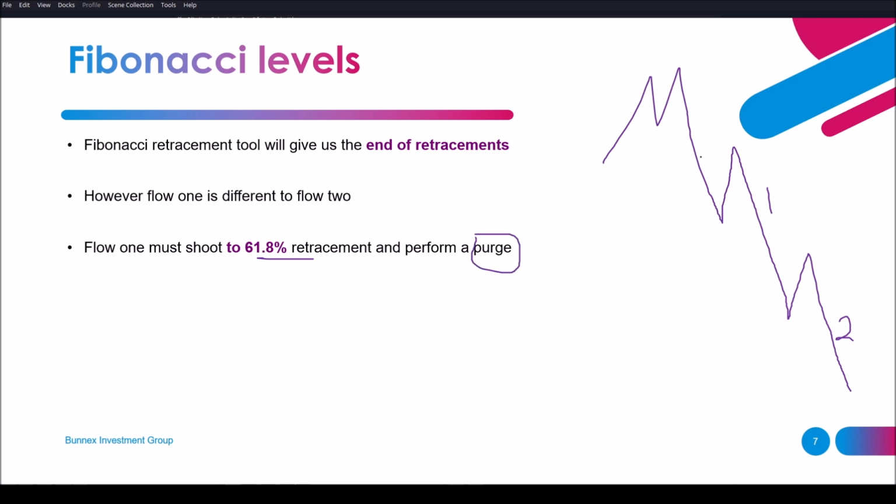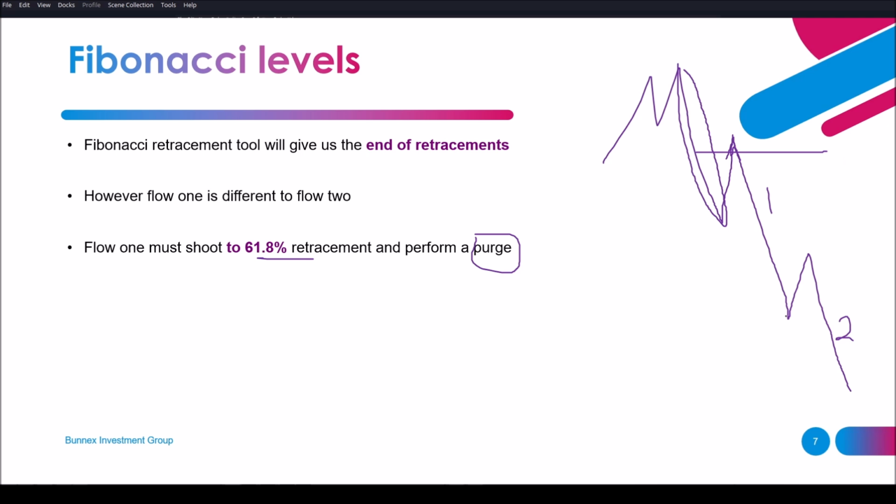In this particular case, after break of structure on the 4-hour time frame, or basically after seeing a week of break of market structure, we will need to find the market tapping the 61.8. In some cases, it pierces through the 61.8 and performs what we call a purge, which I'll explain shortly.